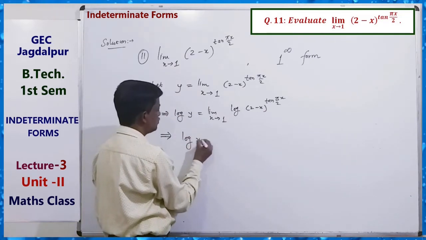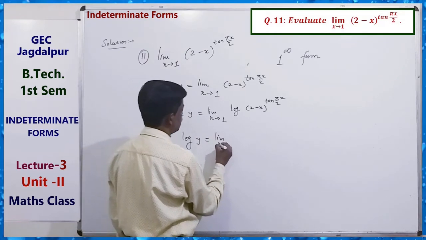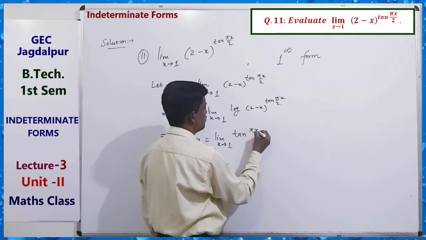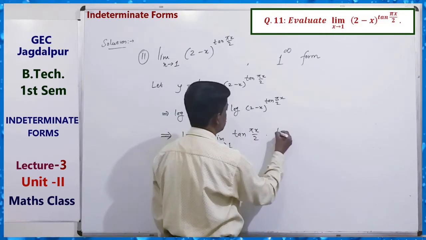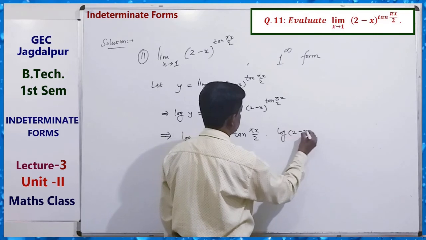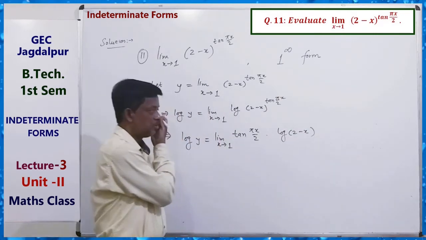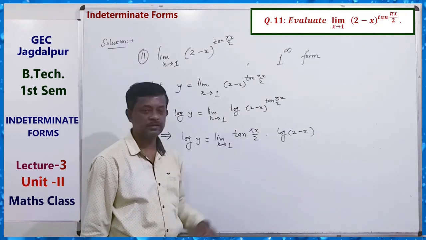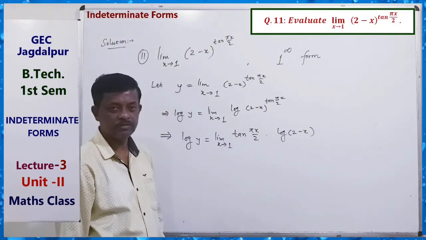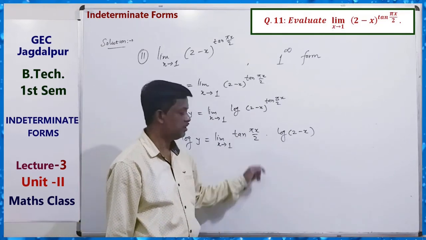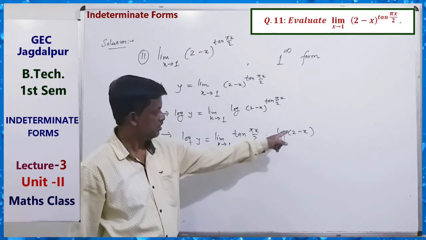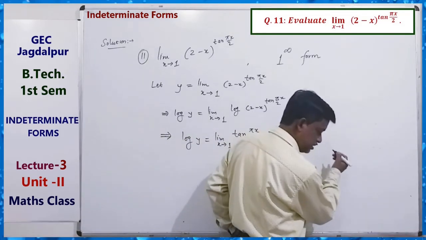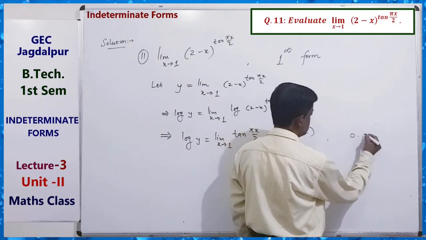Log y equals to limit x tending to 1 tan (pi x by 2) into log of (2 minus x). So which form is this? X tending to 1, tan pi by 2 means infinity. This is 2 minus 1, log 1, 0. So 0 into infinity form.